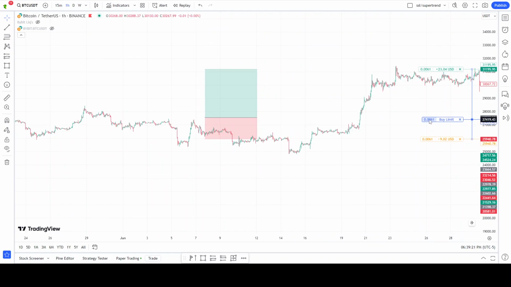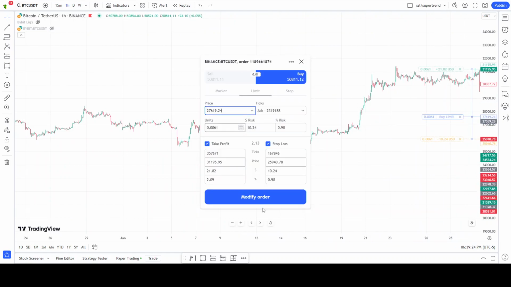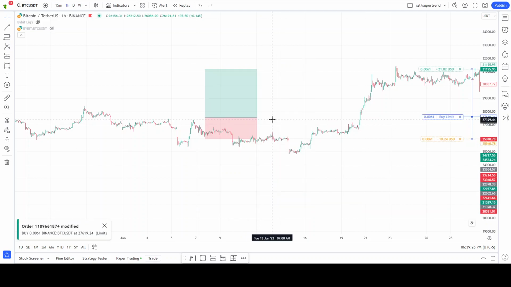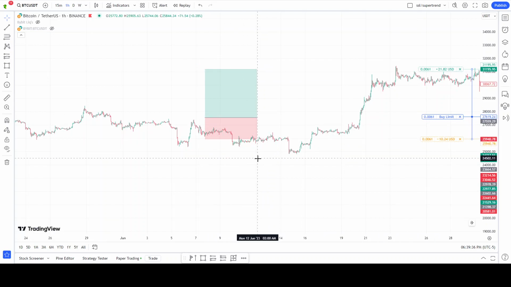Actually, it made whatever, $21, 20-something dollars anyways. So we would have lost $4 instead of making 20 if we didn't use a conditional order here.